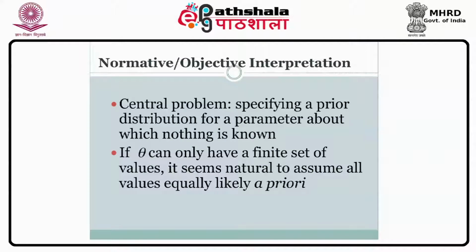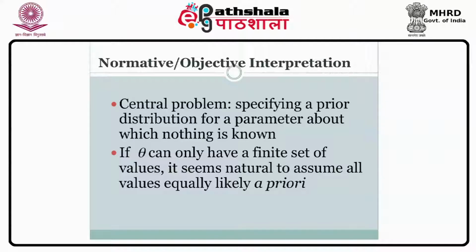Now, what is the normative and objective interpretation? Specifying a prior distribution for a parameter about which nothing is known. Okay? So when nothing is known about the parameter theta, what kind of prior distribution can we take? If theta can only have a finite set of values, it seems natural to assume all values equally likely a priori.